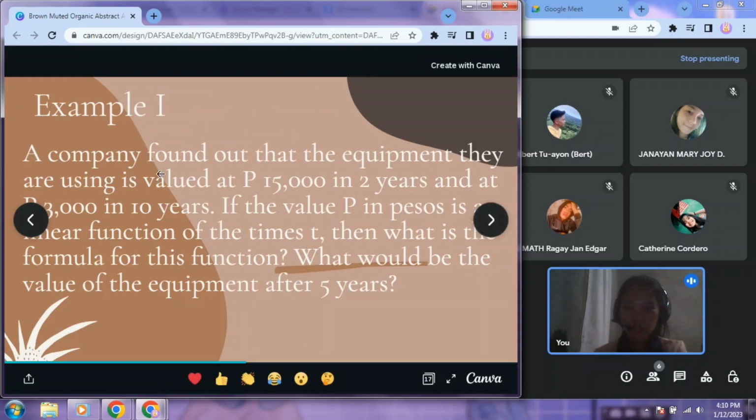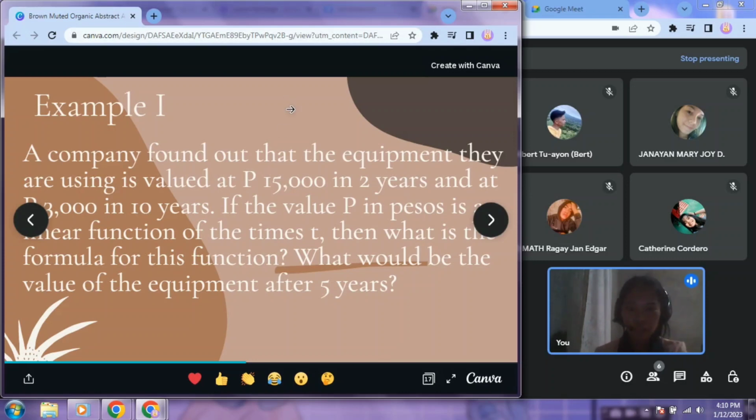Here is example number 1. A company found out that the equipment they are using is valued at 15,000 pesos in 2 years and at 3,000 pesos in 10 years.